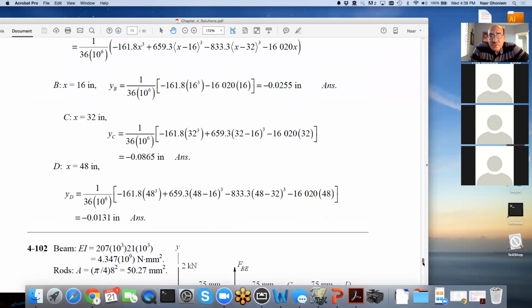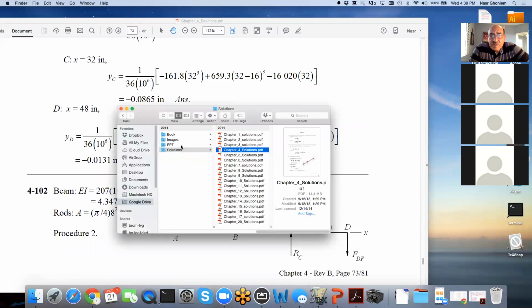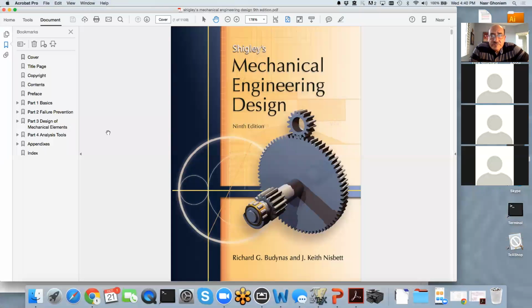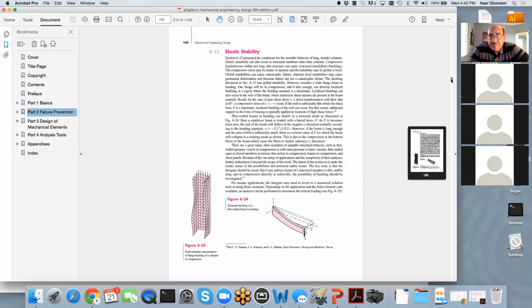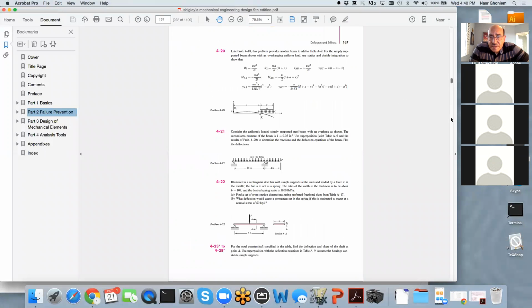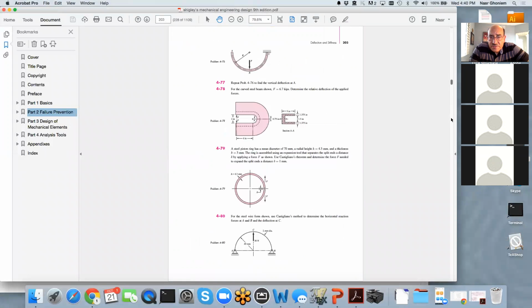Number 102 right here. So if I go to the problem set, the problem set is 104, 102.